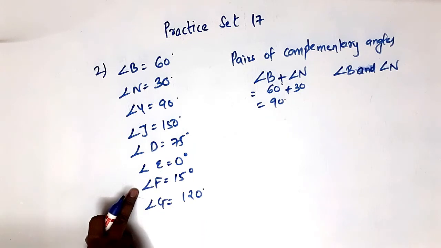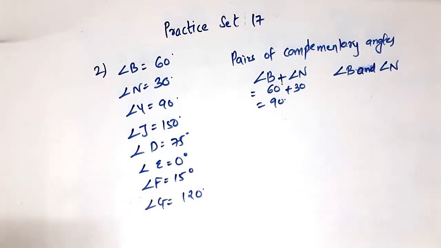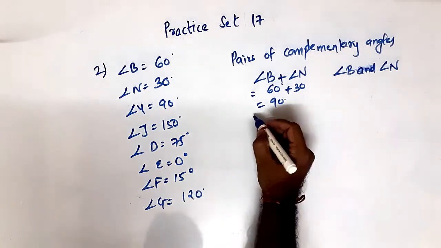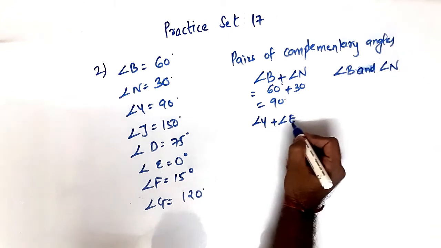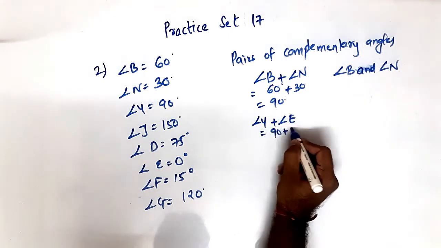Okay, so first pair I'll take angle B and angle N. Then any other angle, if I take angle Y with 0 degrees, it will be 90. This I cannot take, this I can take. Okay, so 75 I can take with 15, correct? So I'll take angle Y and angle E, 90 plus 0.